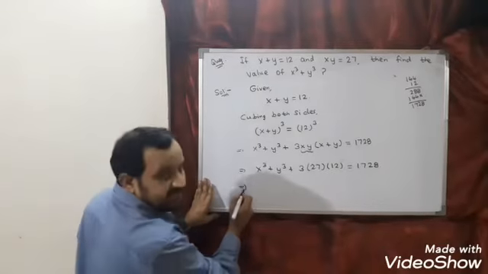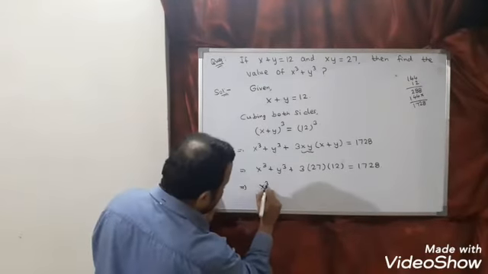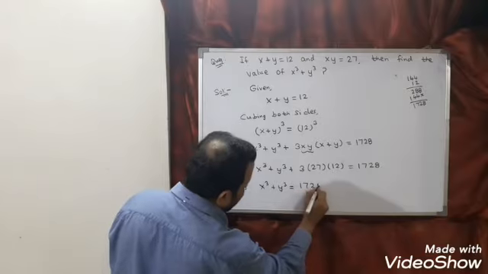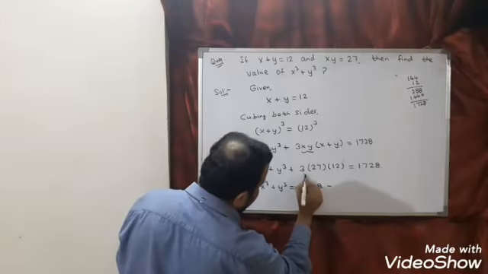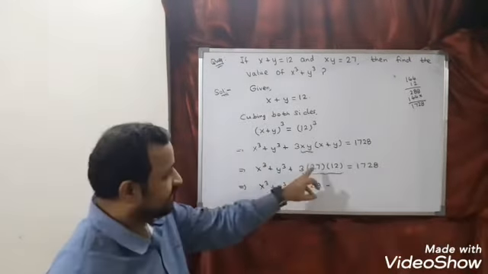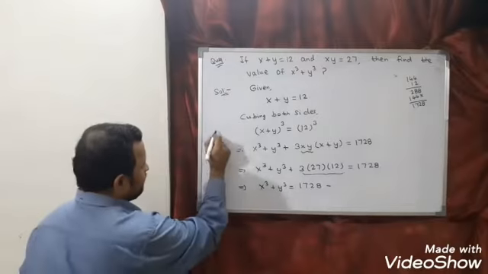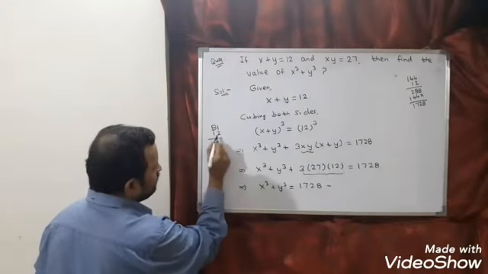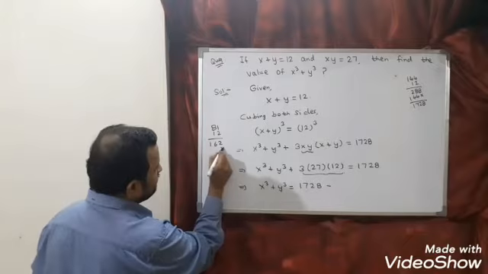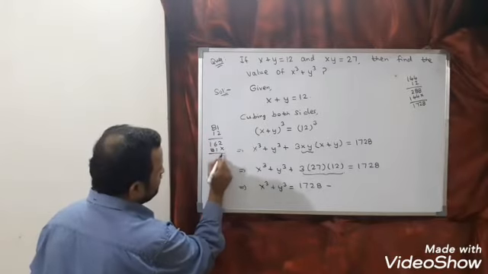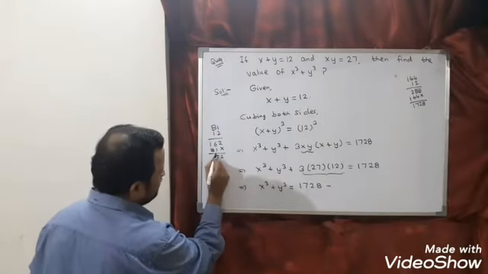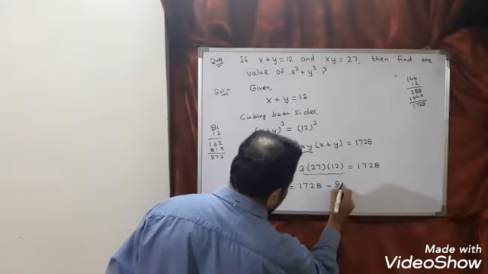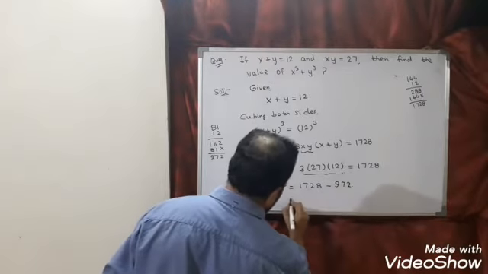Finally I can write x cube plus y cube is equal to 1728 minus, let us multiply this, 3 into 27, 81. 81 into 12, calculate. 2 1s are 2, 2 8s are 16, 1 and 8, so 972.